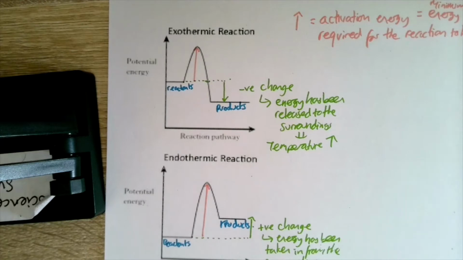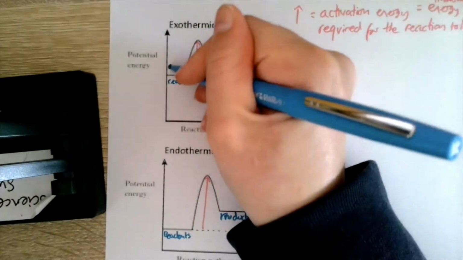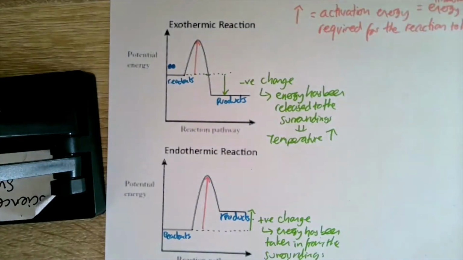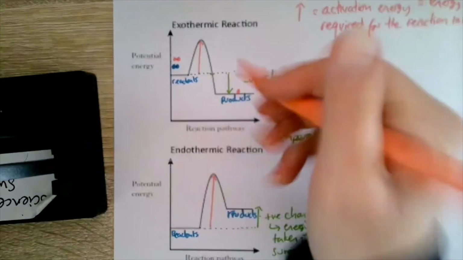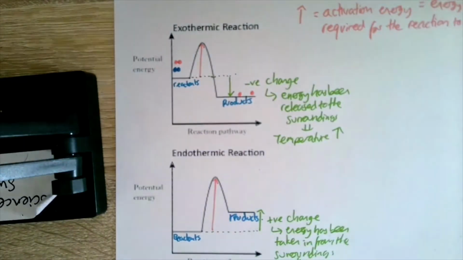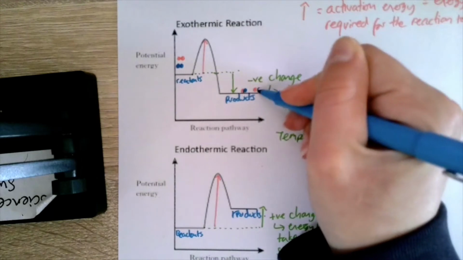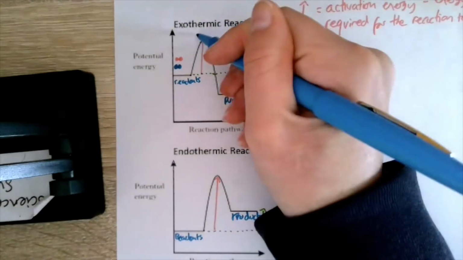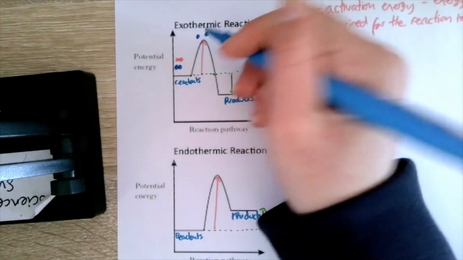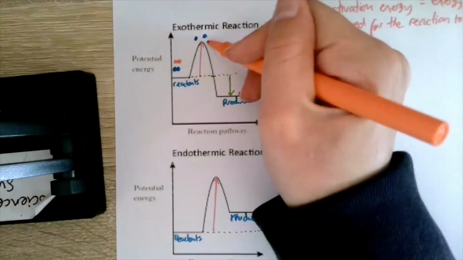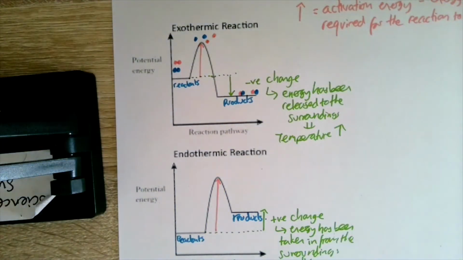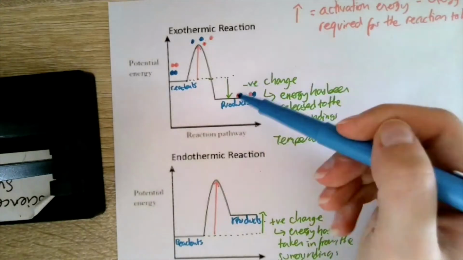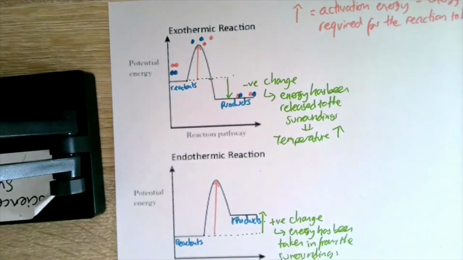But we also need to think about what's happening in terms of our reaction. So if I'm starting off with some reactants and I then make my products, in order to get there I've had to break my bonds between my blue circles, and I've had to break my bonds between my pink circles, and then I've had to make bonds between my blue and my pink circles.